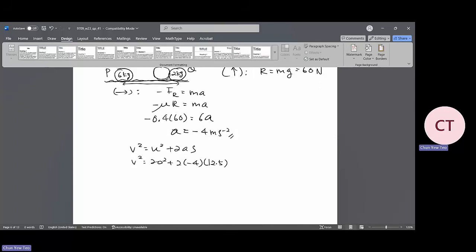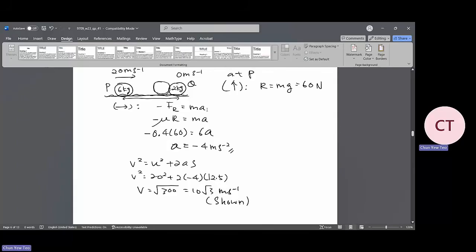So your v is the square root of 300. That will be 10√3, shown. So this will be the speed of P right before it collides with Q.